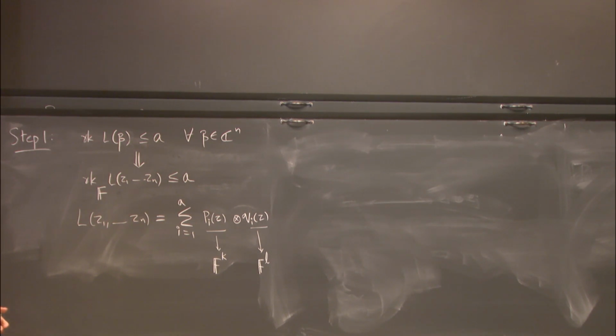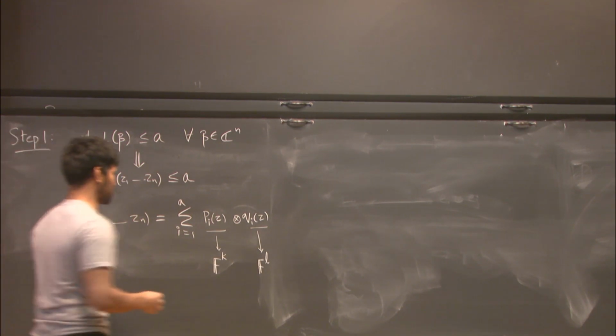What are we going to do next? We're going to turn vectors of rational functions into vectors of power series, just like how I did before the break.